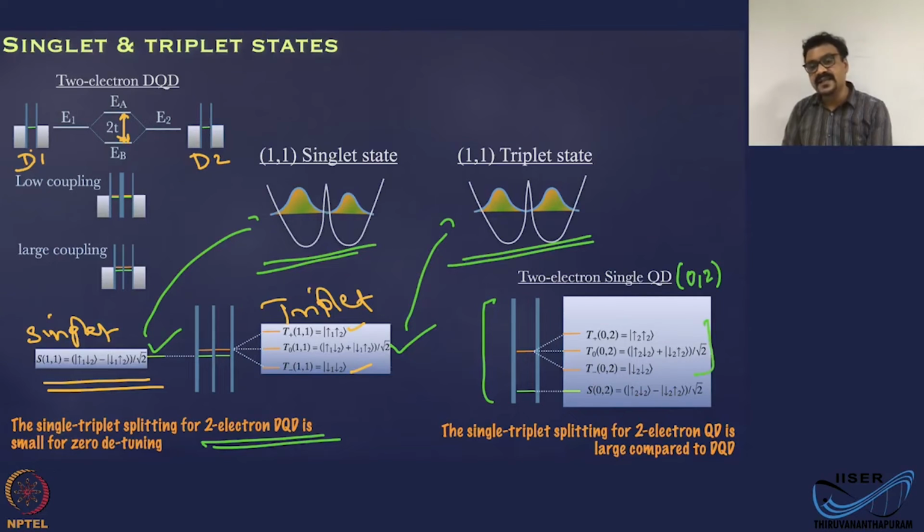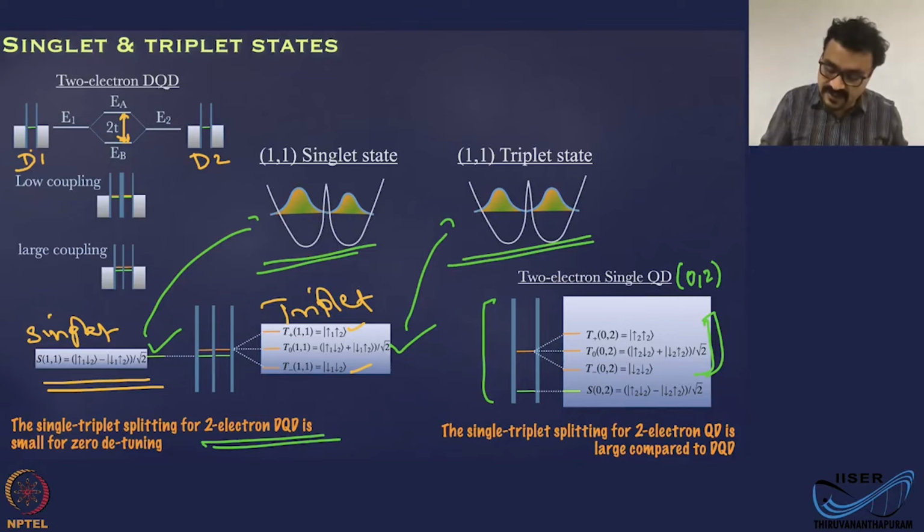But in this case, remember, they are in the same dot. So these are different orbitals. Singlet and triplet are different orbitals. So the singlet triplet splitting is really high. That is equal to the orbital energy. And when the spin states are degenerate, that is, in the absence of any magnetic field, these 3 states will have the same energy.